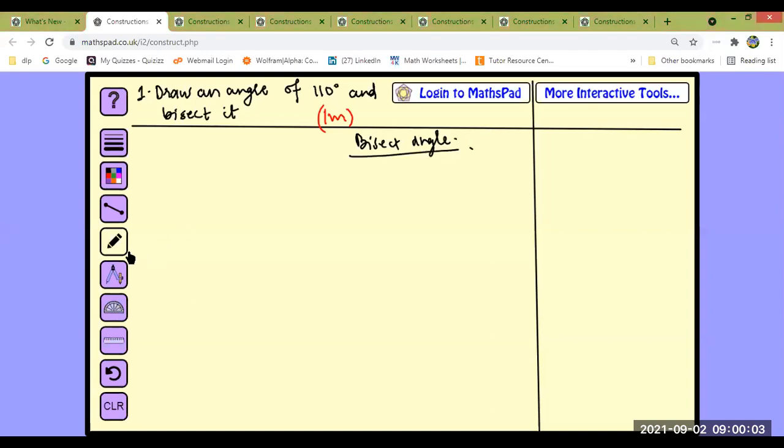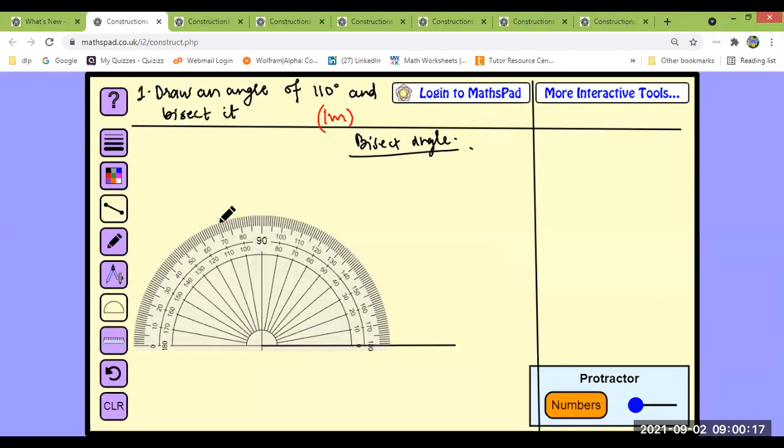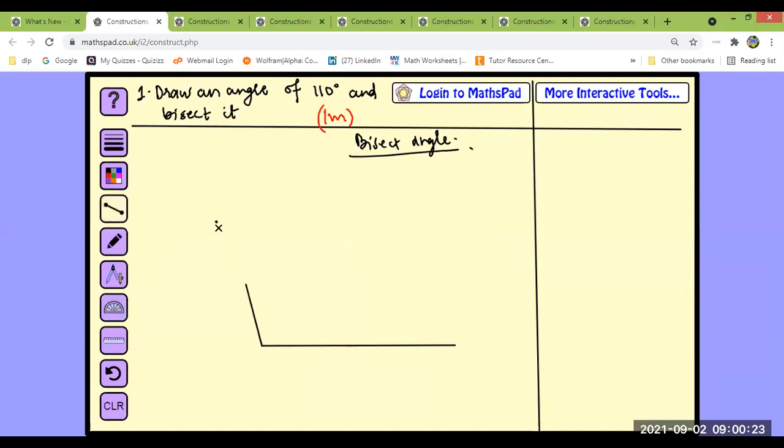Okay, so first thing is you draw a random base, because to draw angle we need a base. Okay, so here you can see, you can draw any random base, and then on one end you have to draw 110 degrees. So here this point is 110. Okay, join and extend.